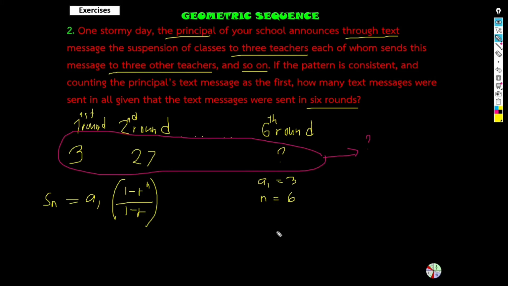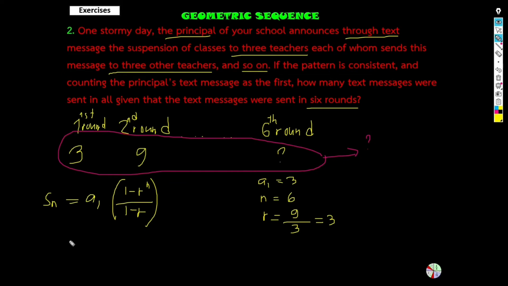And then the ratio r must be the number in the second round divided by the number in the first round. Wait, in the second round it triples. Sorry, it's not 27, this is just 3 times 3. It must be 9 because it's triple. So this must be 9. 9 over 3 is equal to 3. The ratio should be 3.